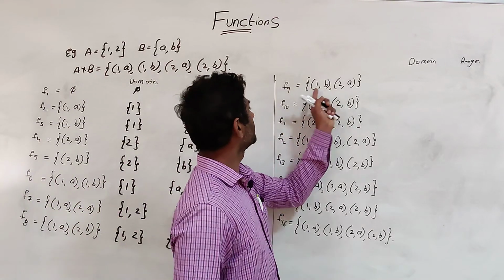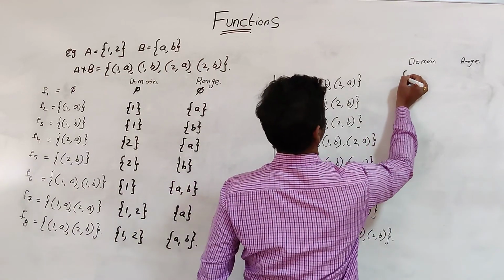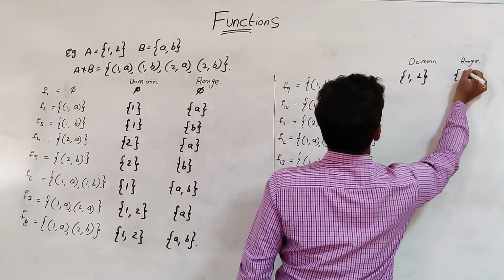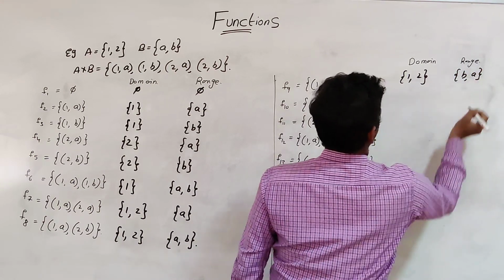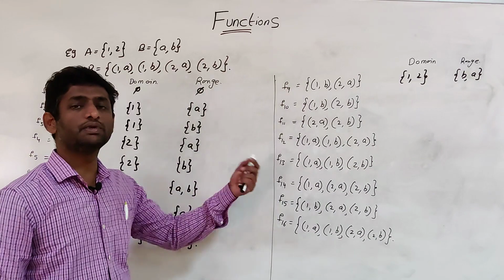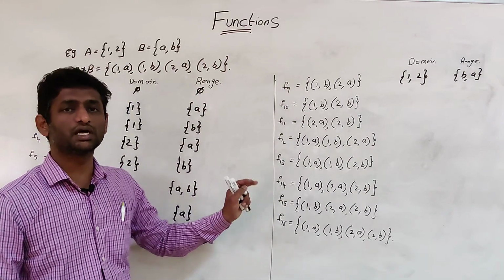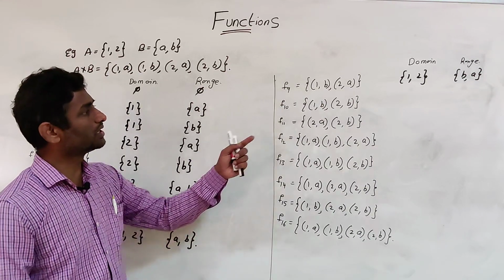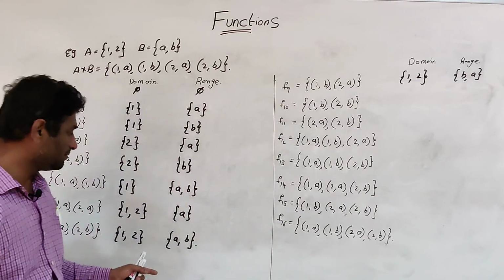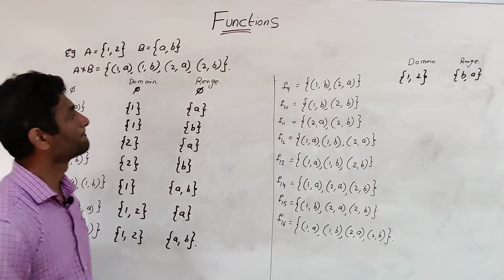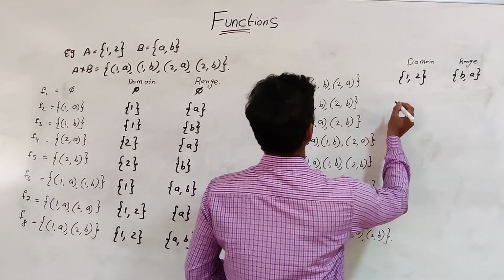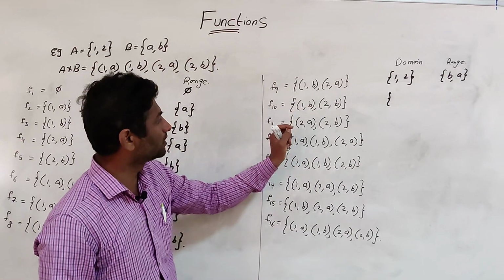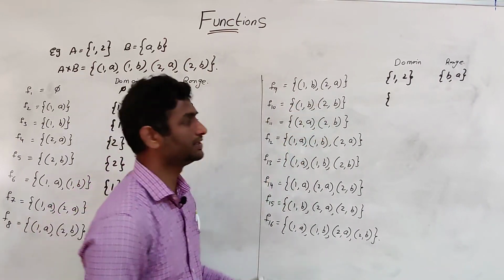Similarly, coming to F9, {1, 2} is the domain and the range is {b, a}. In a set, the position of the elements is not mandatory, so the set {b, a} and the set {a, b} are both the same. Next, for this, 1 and 2 give the domain and b is the range.